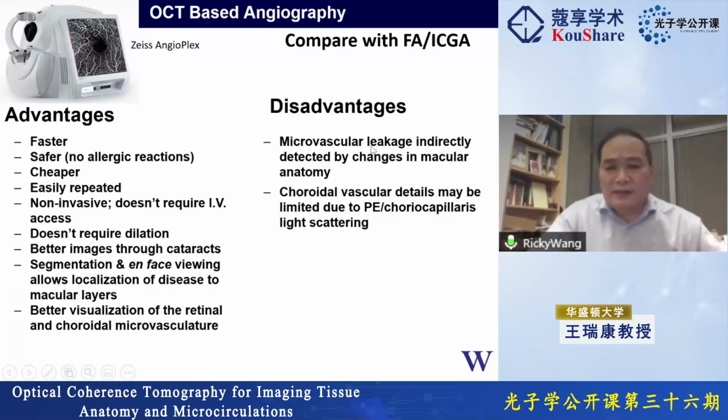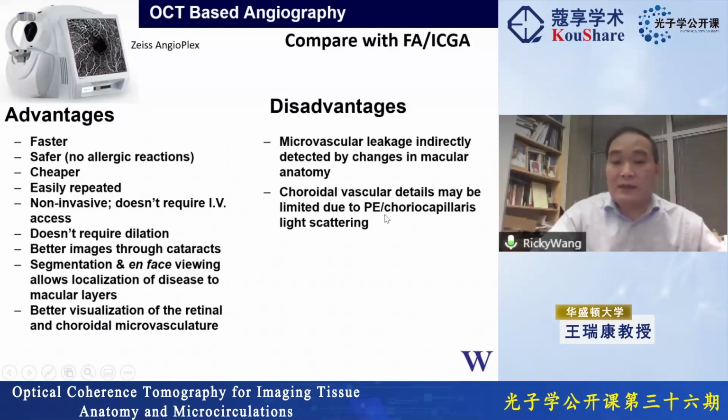And nothing is perfect. There are some disadvantages for the OCT image. The disadvantage, when you look at ocular imaging, is that the OCT does not give you information about the vasculature leakage, which is very important in the diabetes clinic. And also imaging vasculatures in the choroid is pretty difficult because of the limitations of the RPE layer and choroid capillaries.